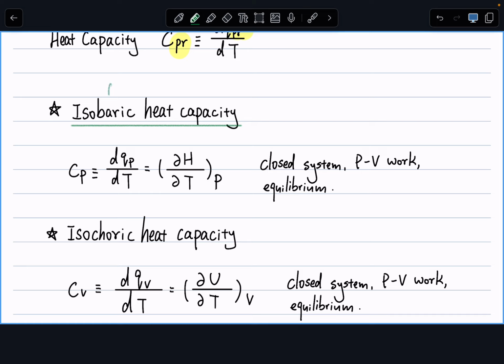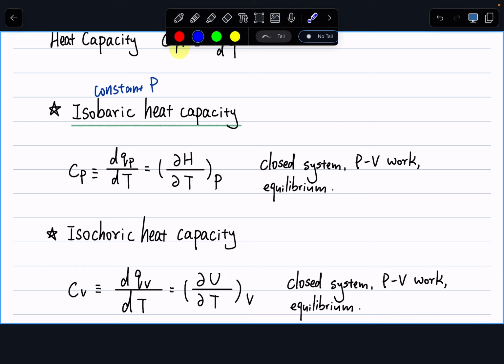Remember, isobaric tells us that's constant pressure. So instead of writing PR, we're now writing P. That subscript P just tells us this is the isobaric heat capacity, measured at constant pressure.